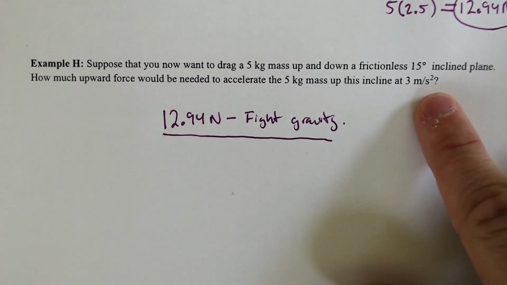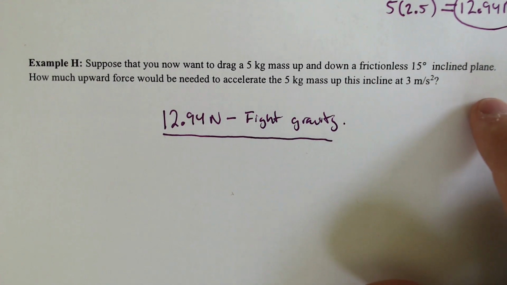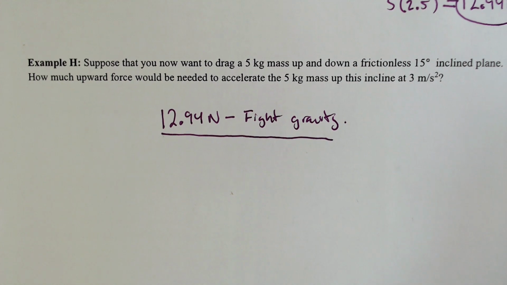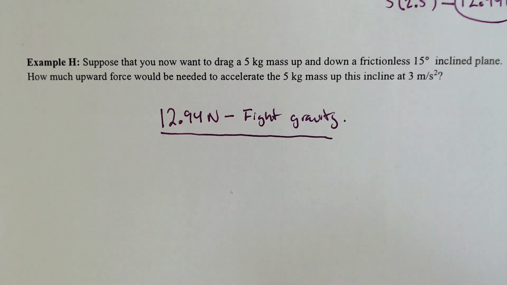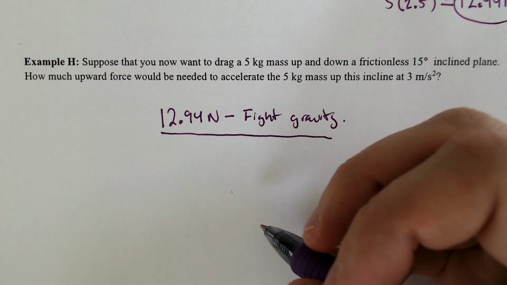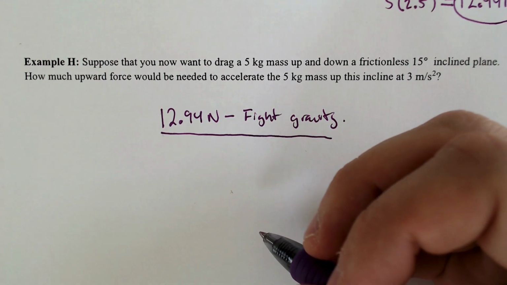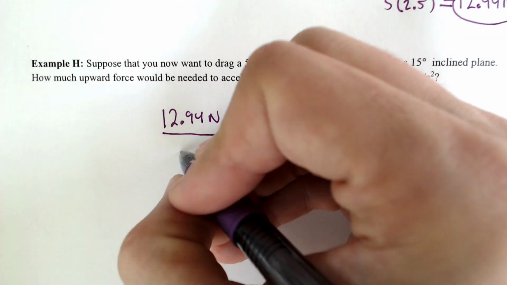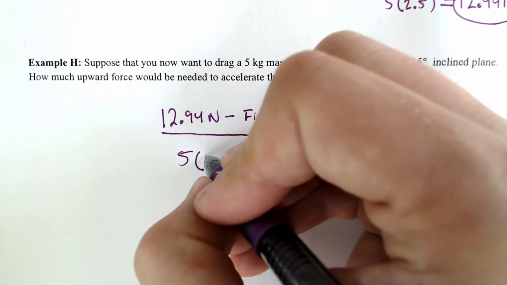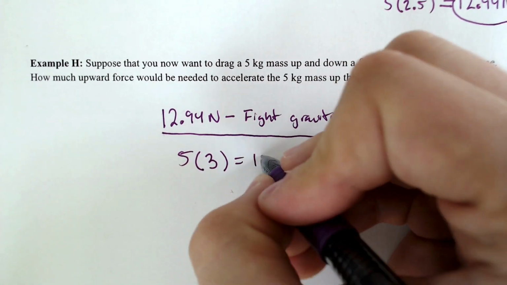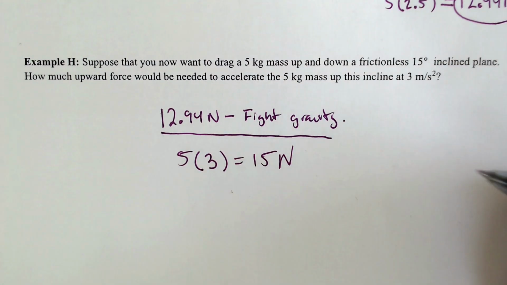Well, if that's the case, you would need an additional mass times acceleration, and you're applying it upward. So it's an upward force. If it's an upward force, then it's going to all be directed directly towards the upward part. And you can do 5 times 3 to get 15 newtons for that portion.